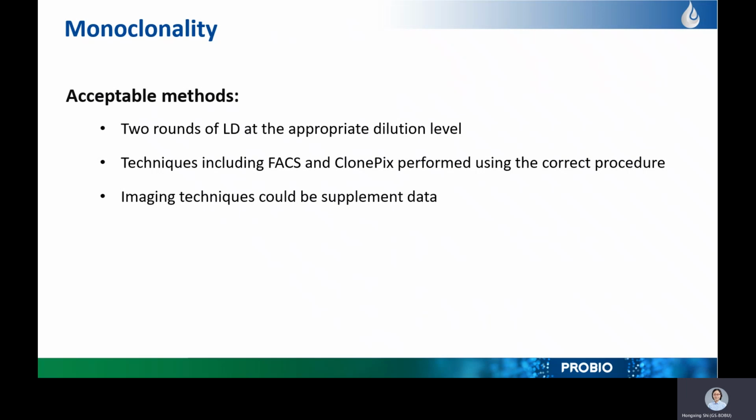For those using FACS and ClonePix, the correct process and parameters can be used to increase the probability of obtaining a high percentage of monoclonal clones. It's also acceptable. In addition, it can be used with images captured by an imager taking pictures at the beginning, after plating.